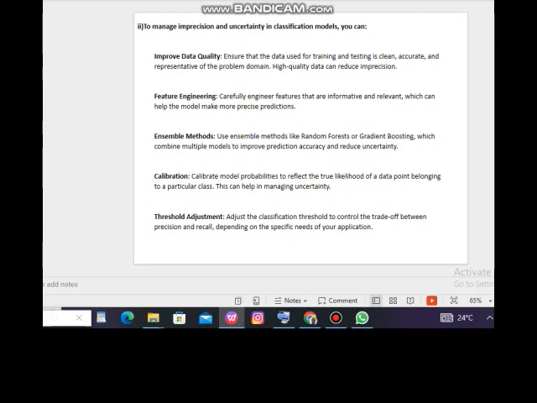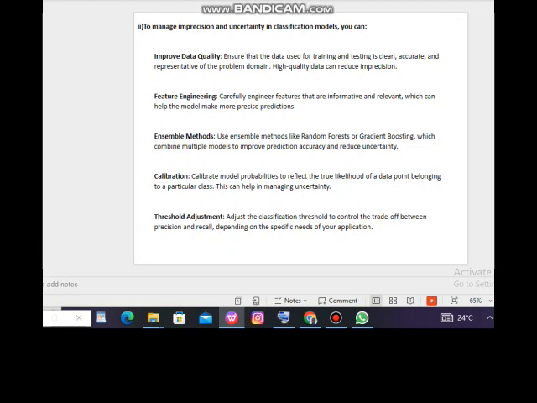Ensemble methods. Use ensemble methods like random forests or gradient boosting, which combine multiple models to improve prediction accuracy and reduce uncertainty. Calibration. Calibrate model probabilities to reflect the true likelihood of a data point belonging to a particular class. This can help in managing uncertainty.